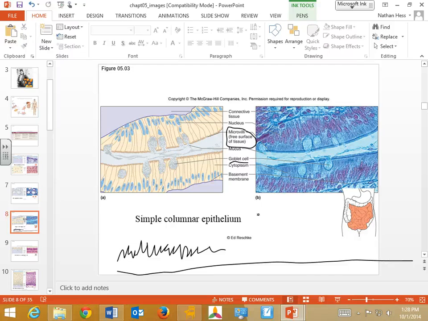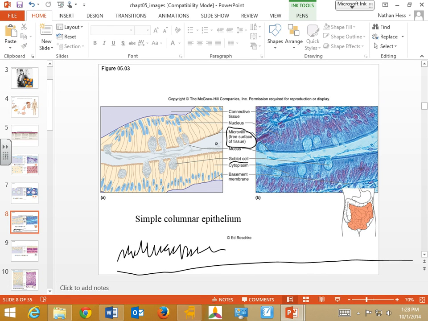Yes, ma'am? So this is like if you had an intestine and you were to cut it frontal. So this is basically the outermost layer.